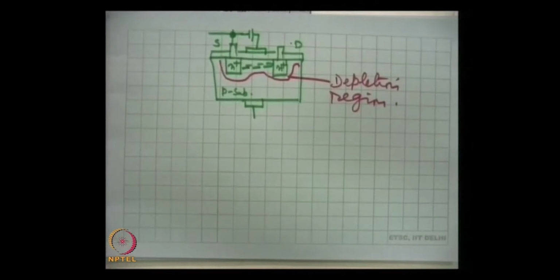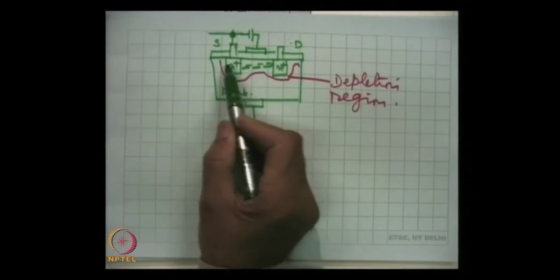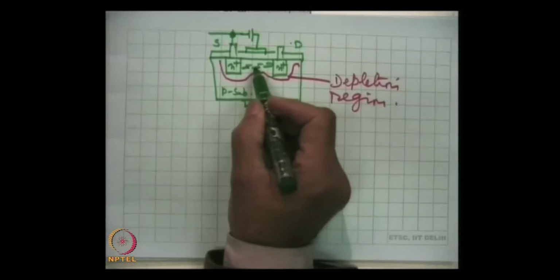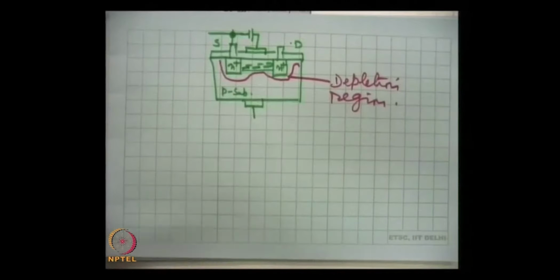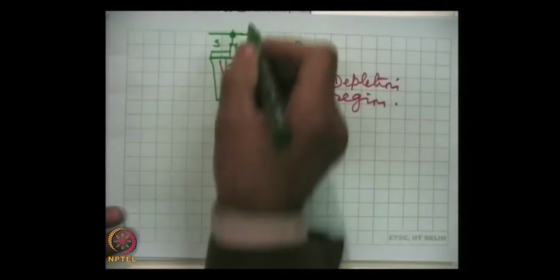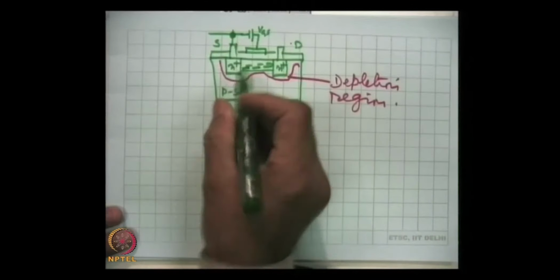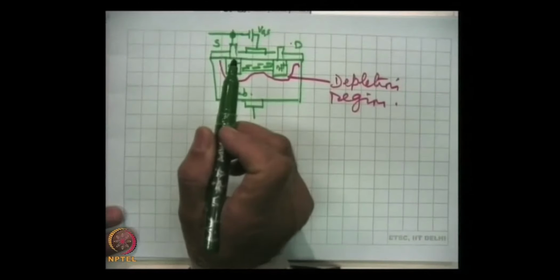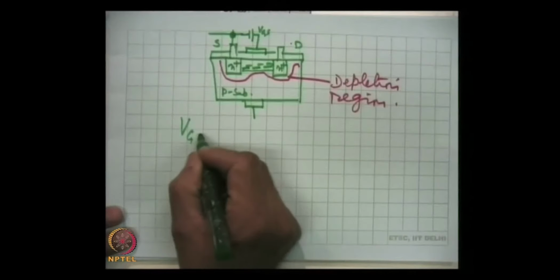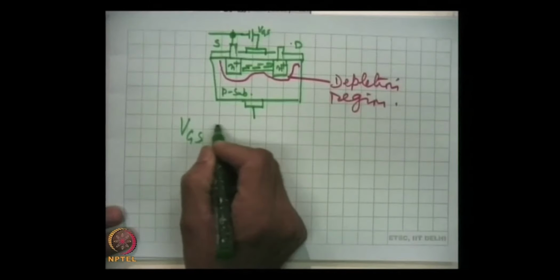So, this high resistivity region separates the active region of the device. This is the active region of the device. This is of course the channel. Now we will discuss that we can apply the voltage, but remember that VGS, for this channel to remain there, is very important, and has to be at least equal to Vt.